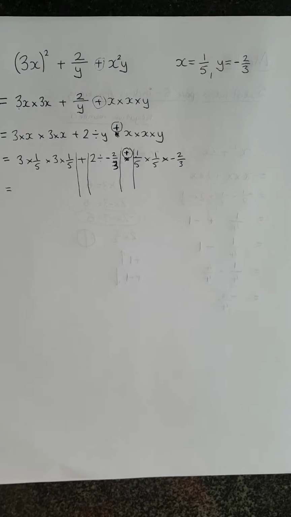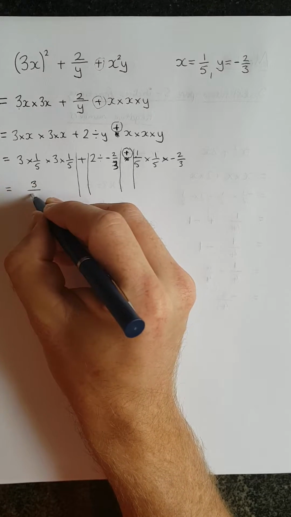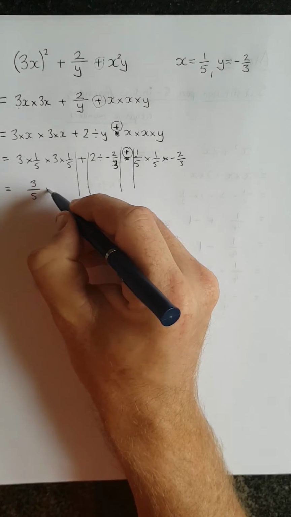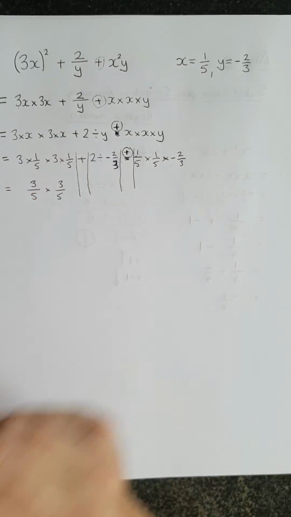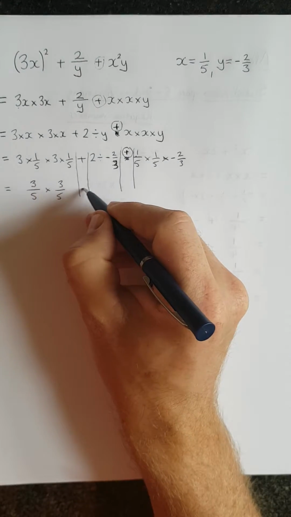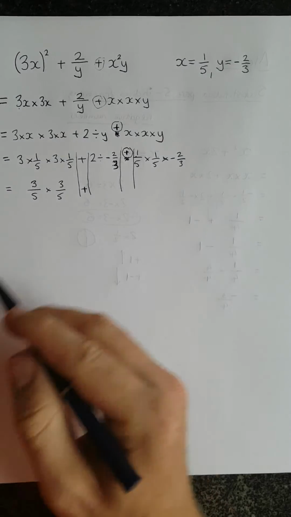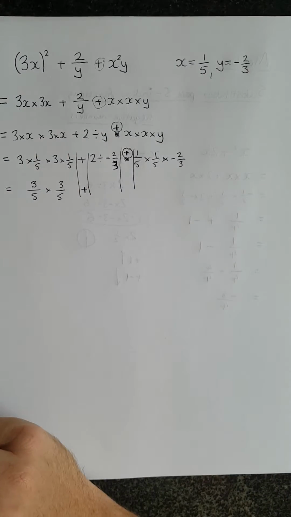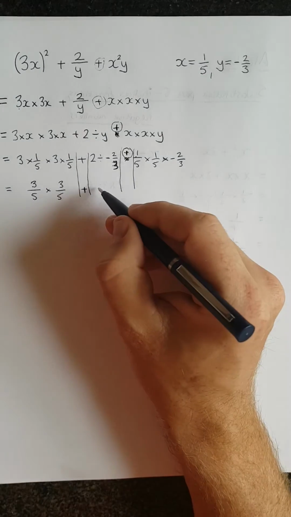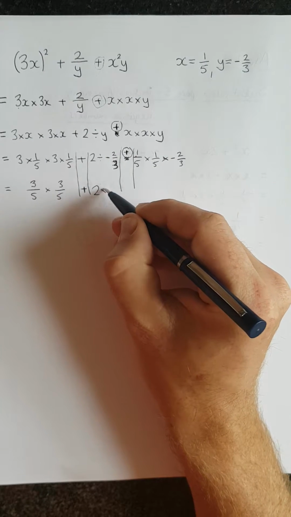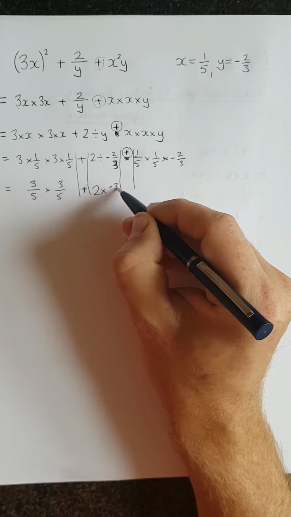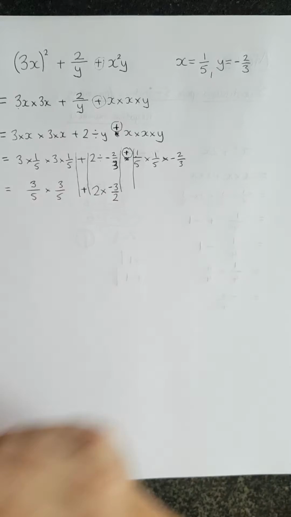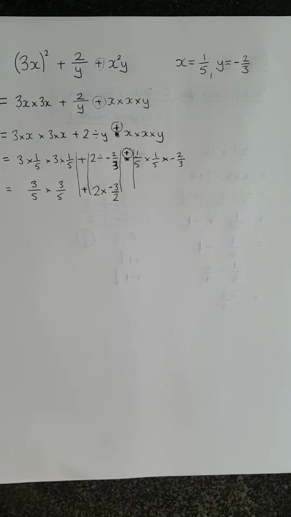3 times 1/5 is 3/5. And that's going to be times by another 3/5. Dividing by a fraction, if you've watched the video, is the same as multiplying by the reciprocal. If you need to go back and watch that video, I suggest you do it now.